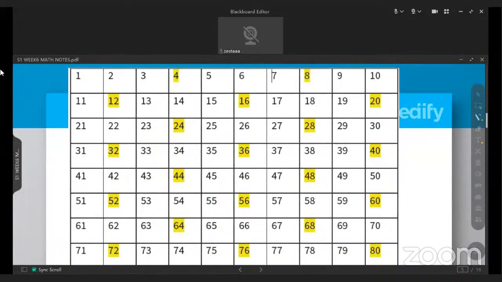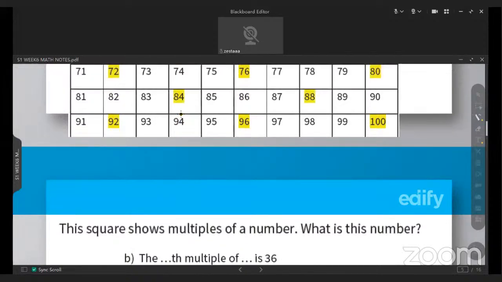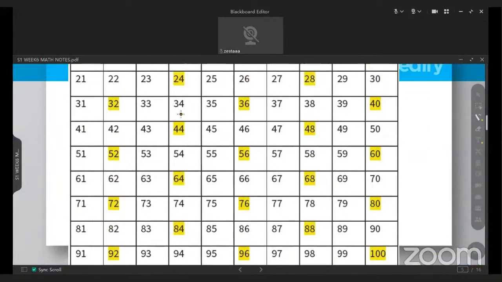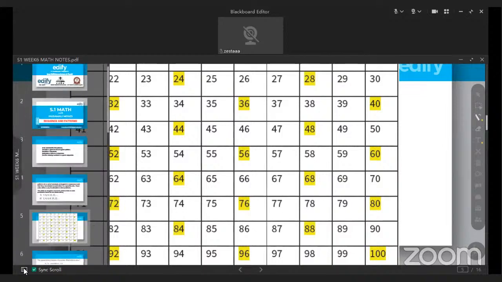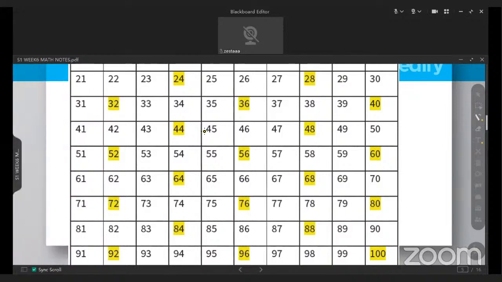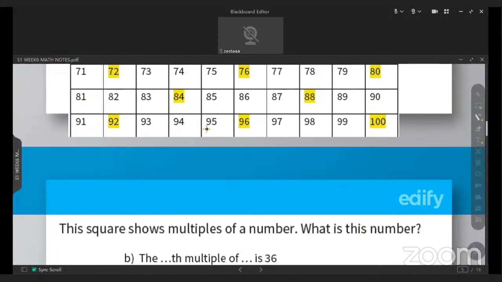Let's observe these numbers here. We have numbers from 1 up to 100.